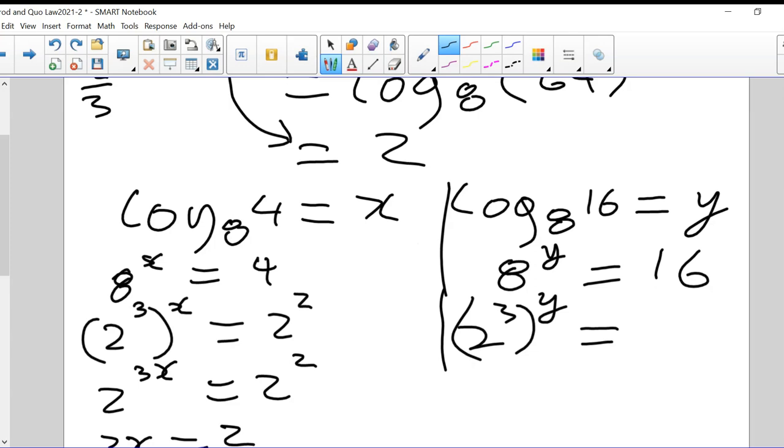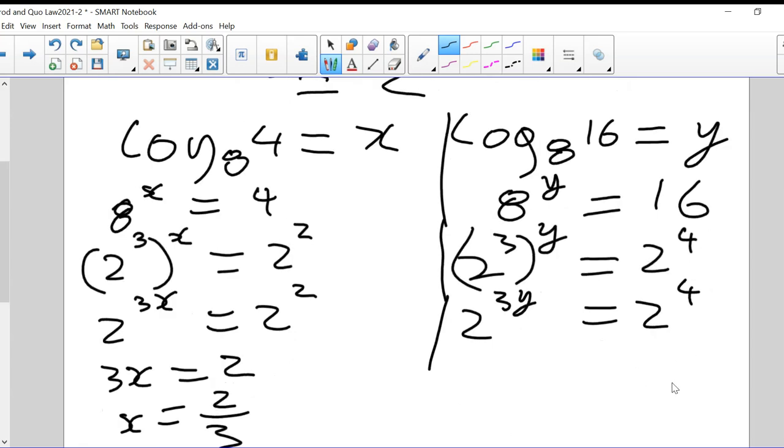Thank you, Kale. And thank you, Keontae. 2 to the power of 4. So that means that 2 to the power of 3y is equal to 2 to the power of 4. I just multiplied the 3 and the y together. So therefore, 3y is equal to 4, and y is equal to 4 over 3.